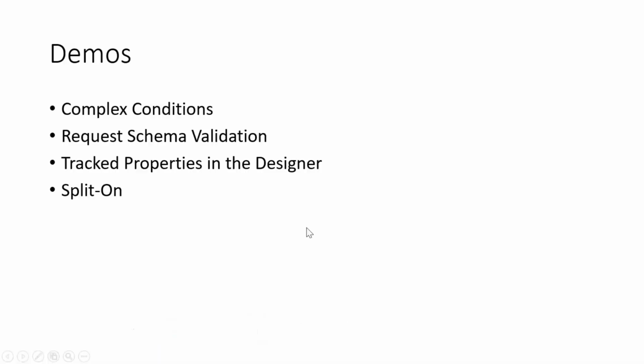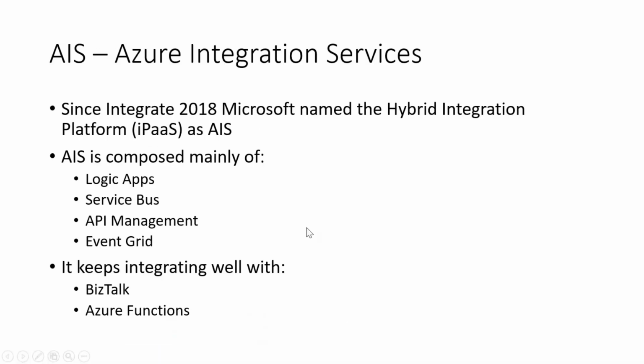Okay, so this is about what we saw from Build, and then later in the year, by September, we actually had 2 conferences one week apart: Integrate 2018 and Ignite.